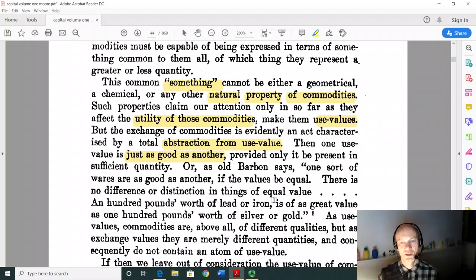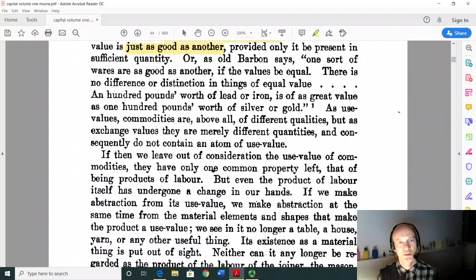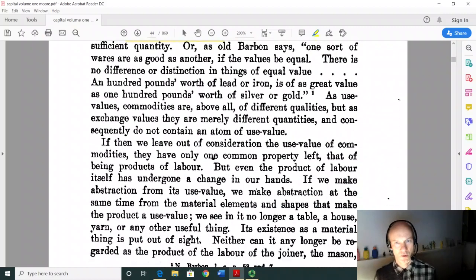Yeah, so there's further illustration of this point here. And here the summary of the same point. As use values, commodities are of different qualities, but as exchange values, they are merely different quantities. Consequently, they do not contain an atom of use value.